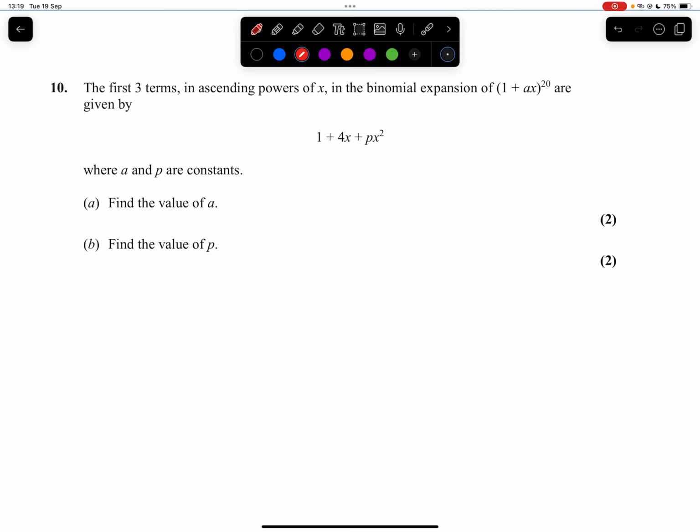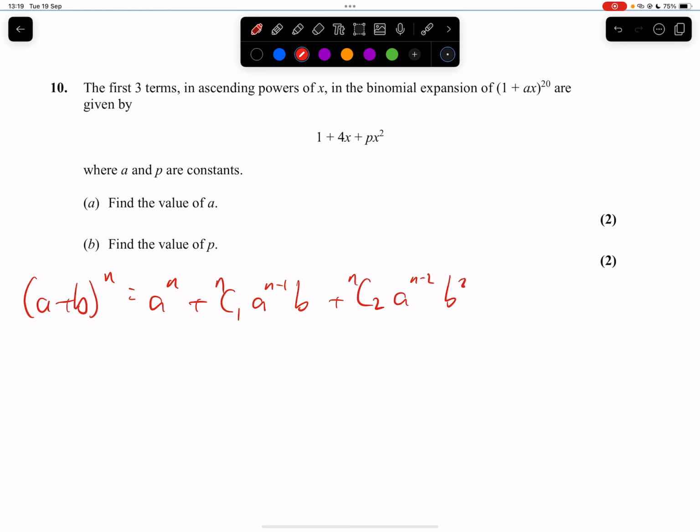There's a couple of versions of the binomial expansion you've seen now. Since we're talking year 12 content, I'm going to just stick to (a plus b) to the n is a to the n plus n choose 1 a to the n minus 1 b plus n choose 2 a to the n minus 2 b squared.